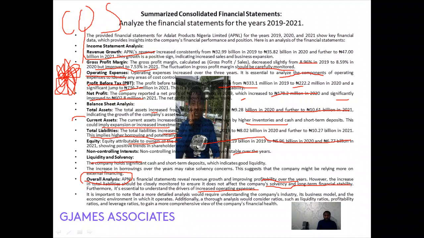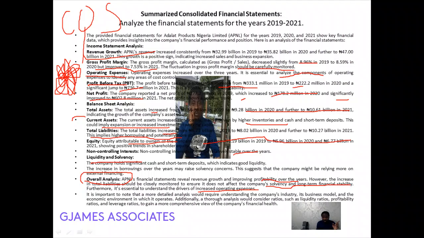It is important to note that a more detailed analysis will require understanding of the company's industry. That is cooperative now. Its business model, which I informed us to check, answer business growth, and what other one did I say? Do you remember?